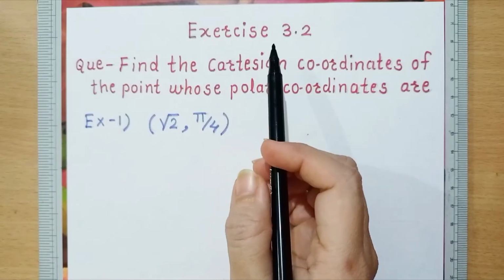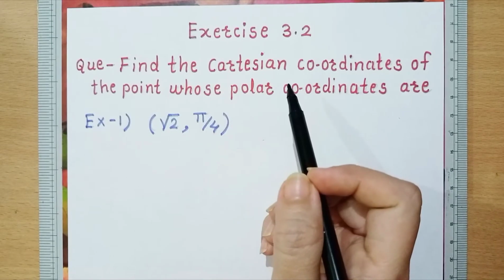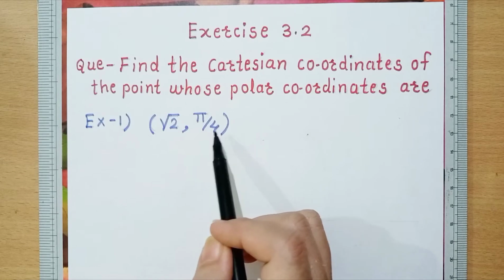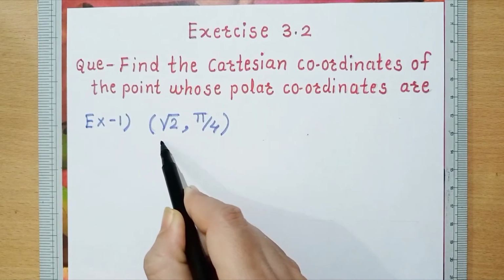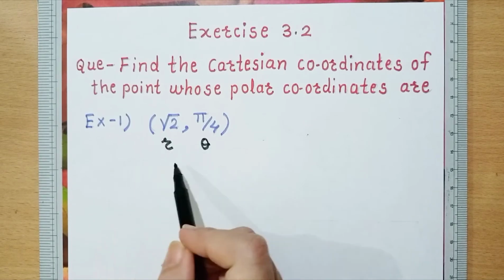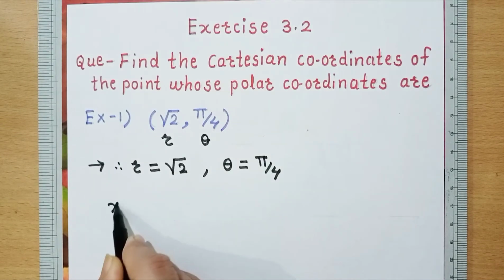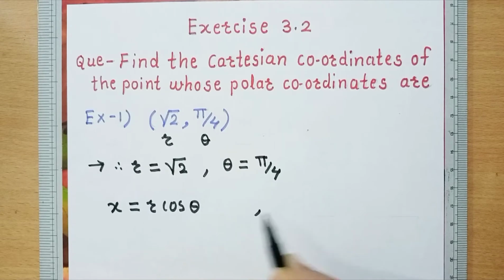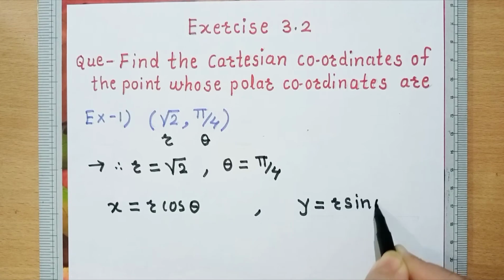Let's solve exercise 3.2, and our question is to find the Cartesian coordinates. Our first example is this, and these are the polar coordinates, meaning this is the value of r and this is the value of theta. We know that x is equal to r cos theta and y is equal to r sin theta.